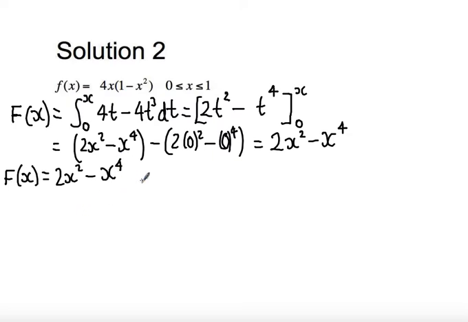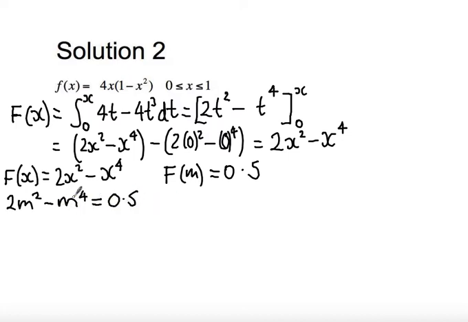Now, if I want to find the median, I want to solve F of m equal to 0.5, because it's the 50th percentile. So in other words, we set up this equation: 2m squared, substituting m into my cumulative distribution function, minus m to the power of 4 is equal to 0.5.